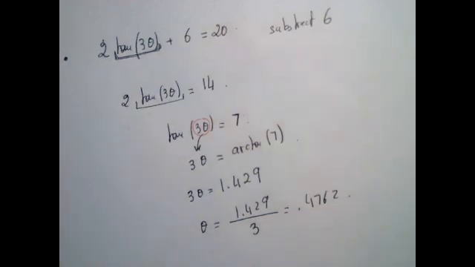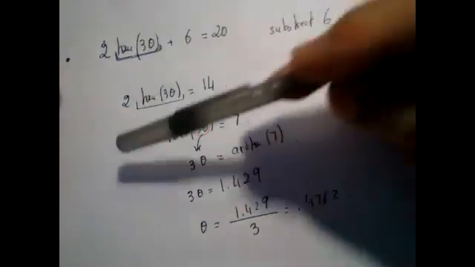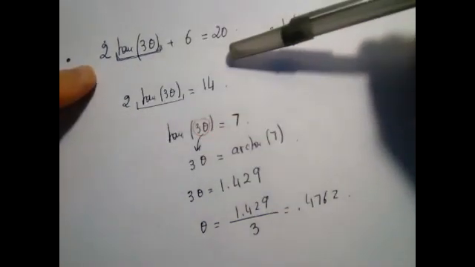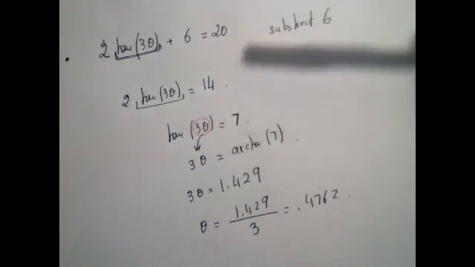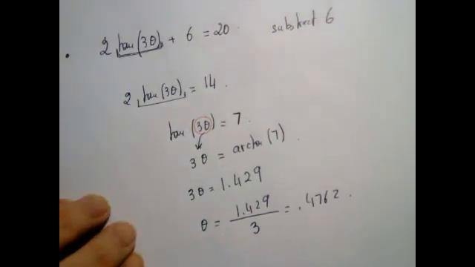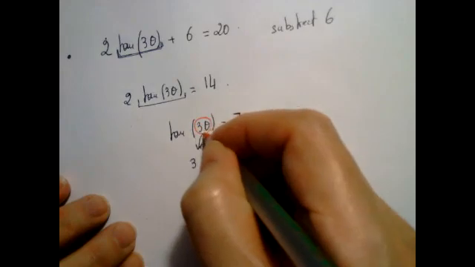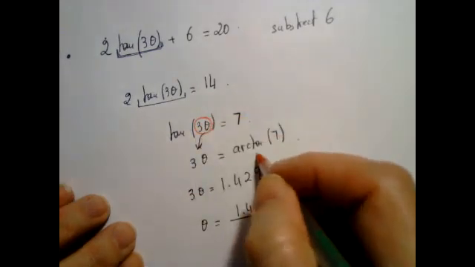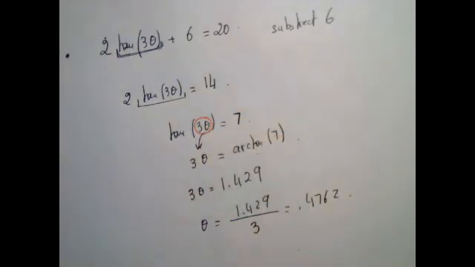So a lot of time we're going to encounter those problems, and the way we solve them is actually the same. The only thing we have to be careful with, if I have 3 theta in here, then it's the 3 theta which is the arctangent. It's not really the theta.